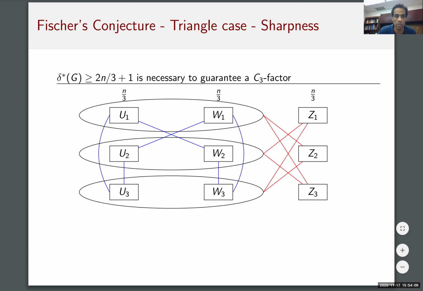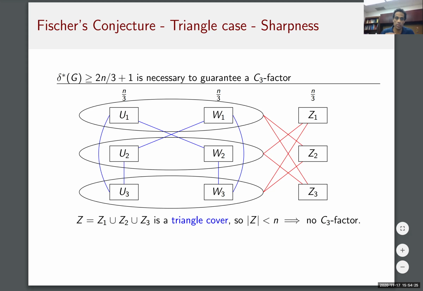So we have minimum partial degree 2n/3, and there would actually be a C3 factor in such a graph, but you can modify it slightly so that it doesn't have a C3 factor. So how would you do that? Well, one thing to note is that if I take the union of Z1, Z2, and Z3, then I have a triangle cover.